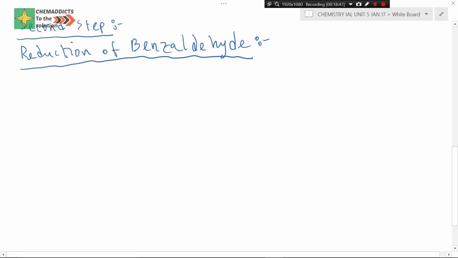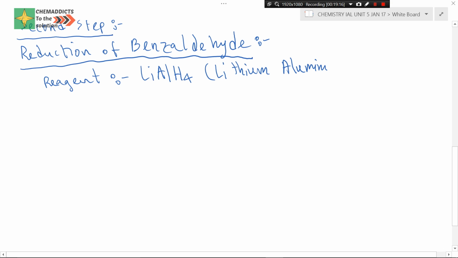Let's see why. First, let us talk about the reagent that we're going to use here. What is the reagent? Lithium aluminium hydride, LiAlH4, which is also called lithium aluminium hydride.